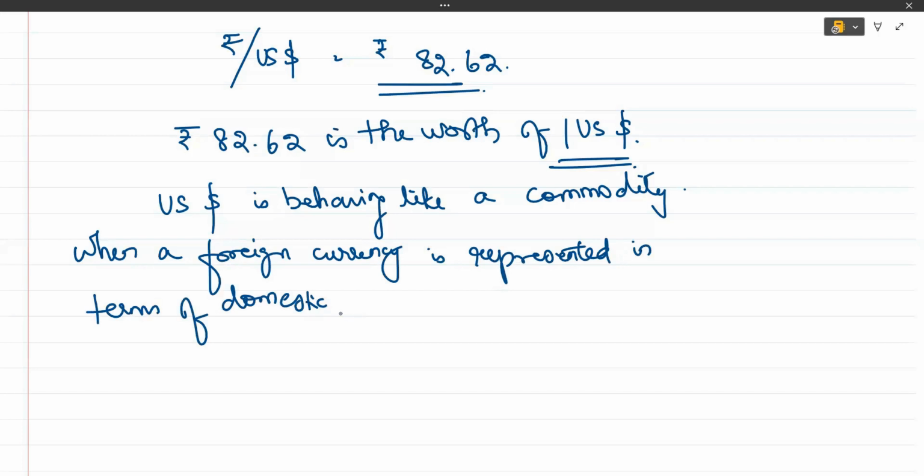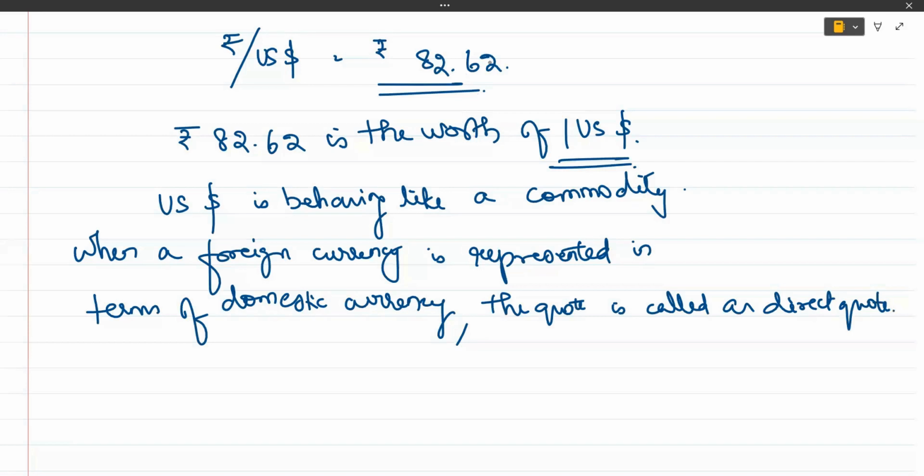For India, the domestic currency is rupees. For Dubai, the domestic currency is dirhams. So the domestic currency of every country will change. Correct? So when a foreign currency is represented in terms of a domestic currency, the quote is called a direct quote.